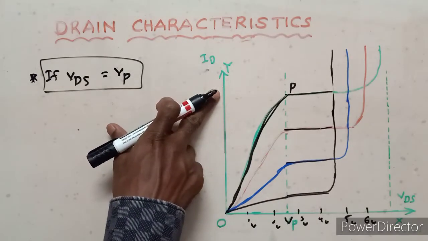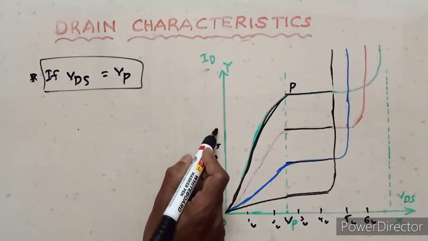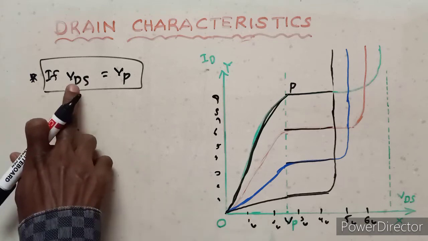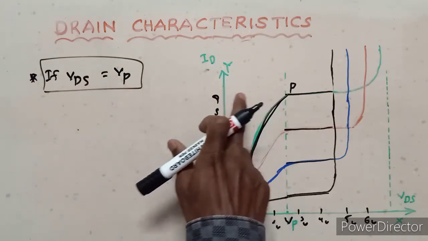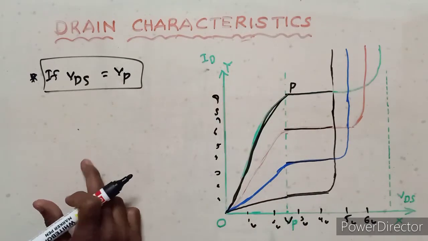So if VDS equals VP, that means the voltage between drain and source equals the pinched off voltage, then the drain current is maximum.